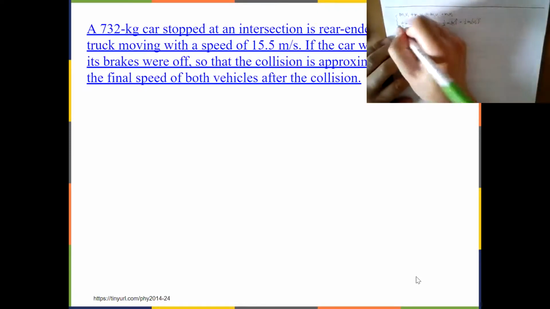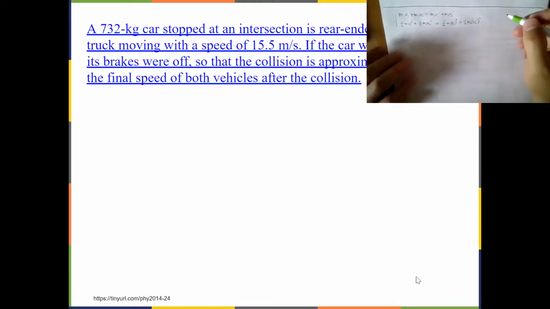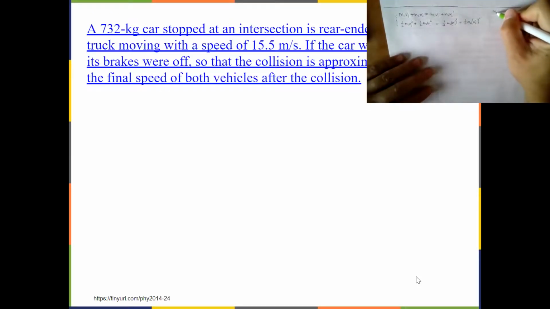So you have two equations, and we are given that m1 is equal to 732 kilograms, and v1 is equal to 0 because it's initially at rest. m2 is equal to 1720 kilograms, and v2 is equal to 15.5 meters per second. We are looking for v1 prime and v2 prime.